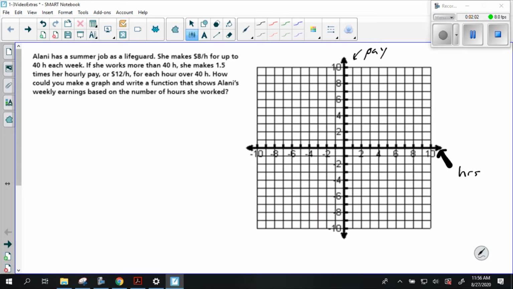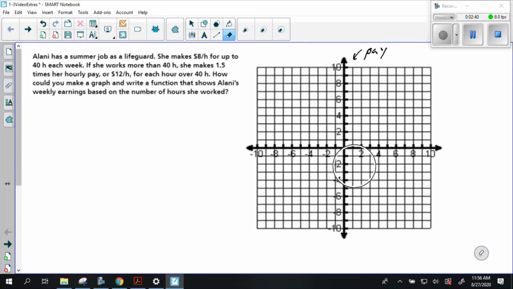All right, Alani, you get $8 an hour for up to 40 hours, right? So I guess if we make these units of 4, well, we're going to need more than that, right? So let's make these all 10. So instead of a 2 there, my bad. Each one is 10.